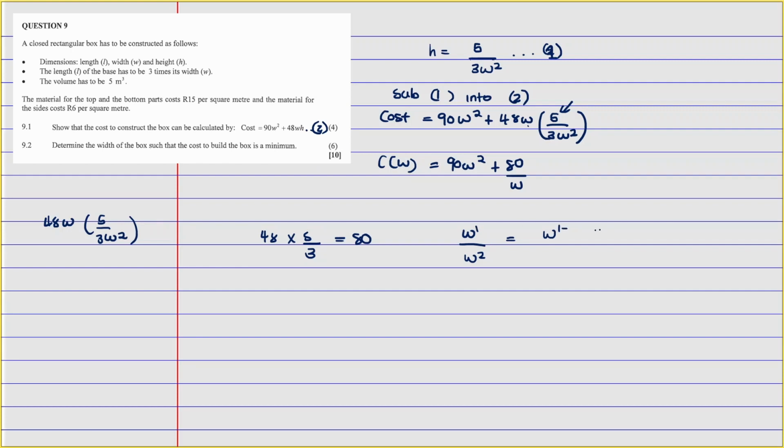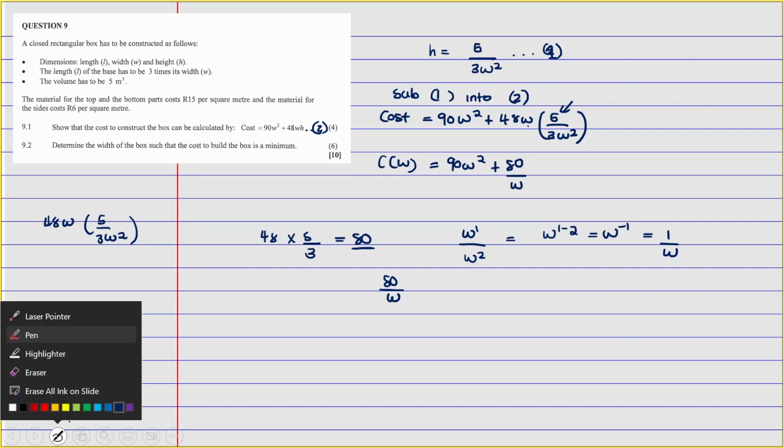This is 1 minus 2, which is going to give you w to the negative 1, which is the same as 1 over w. But remember that we have 80 here, and 80 is in the numerator, and here there is the 1 in the numerator, so this is going to be 80 divided by w. So that's how I got here. Does that make sense? Yes. Okay, cool.